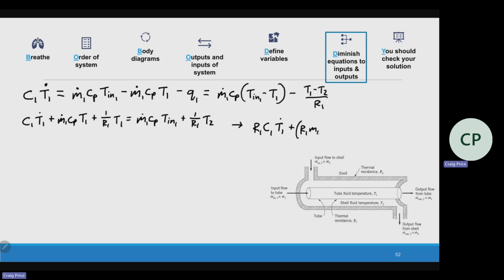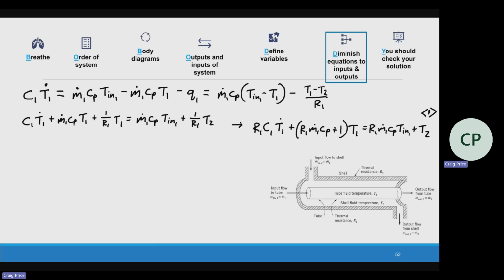So I get R1 M1 dot specific heat plus 1 times T1 is equal to R1 M1 dot specific heat Tn1 plus T2. So I just multiplied everything by R1, got rid of some of those other fractions. And now I've got a nice first order equation.